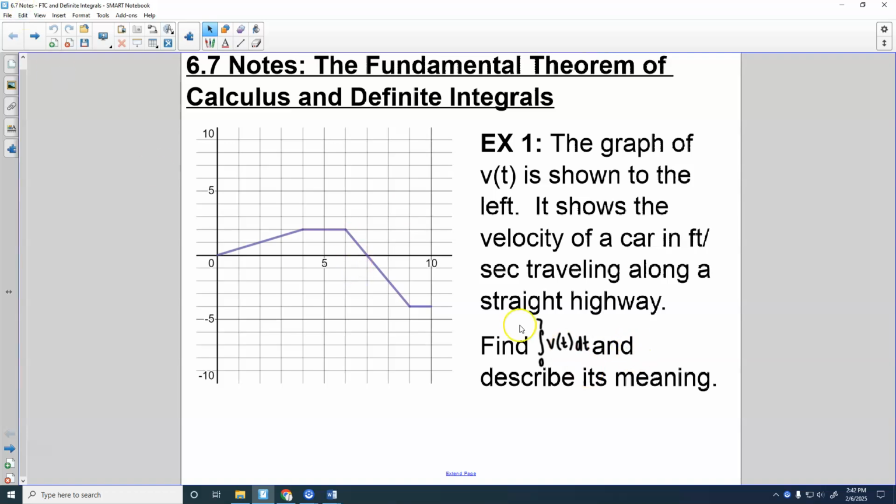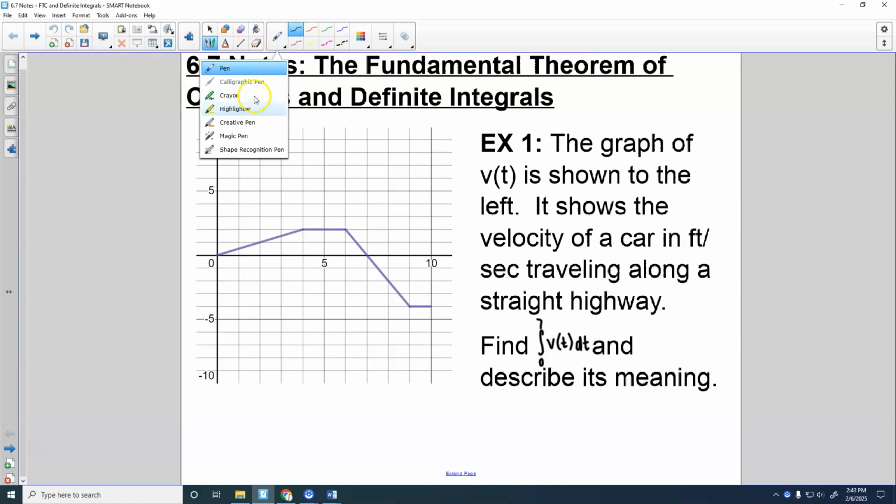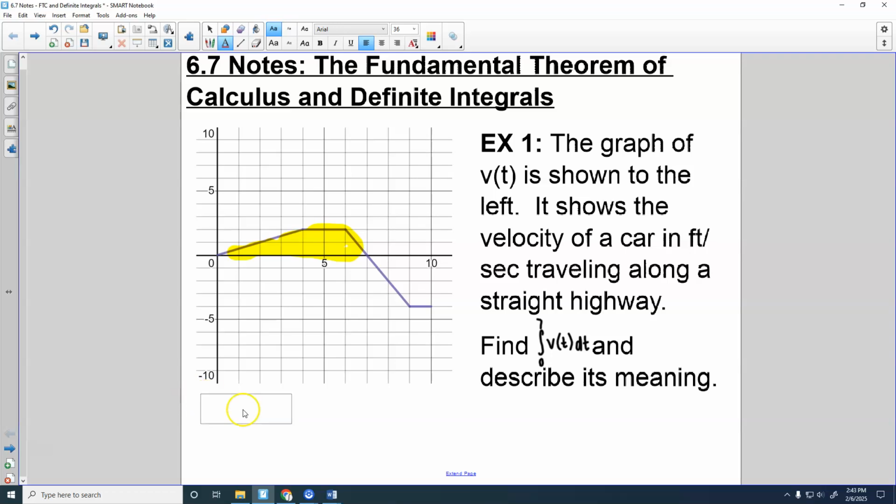Okay, so the integral from 0 to 7 of v of t dt is the area underneath the curve from 0 to 7 here. So we're looking at that area underneath the curve right there. What shape have we got? That is a trapezoid. So for the trapezoid formula, you got 1/2 times the height.